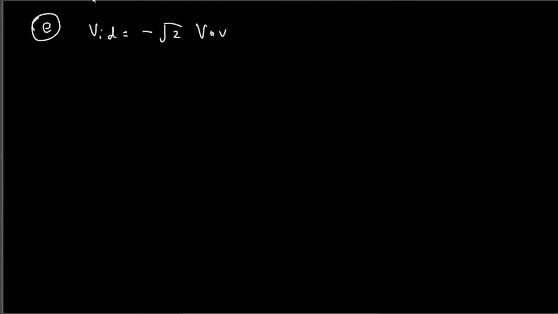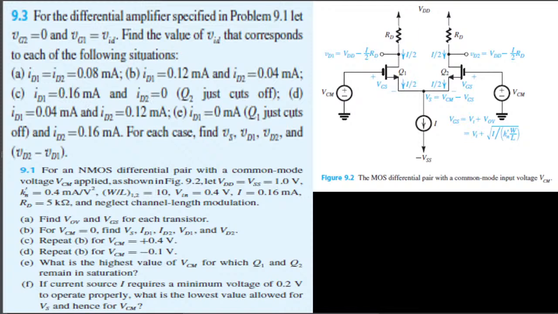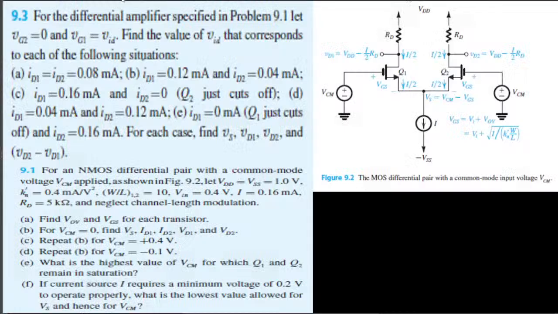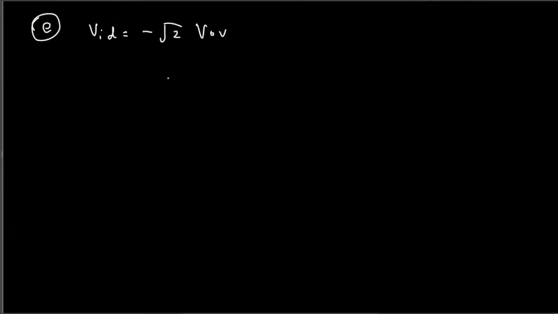There's another similar one we had in the part C as well, where this circuit was cut off and this one had a current flow. So for that one also we had to use this. If one of them is cut off, we have to use this. So here for this one we don't have the current flow here, we have current flow here. So we had to use the exact same thing.